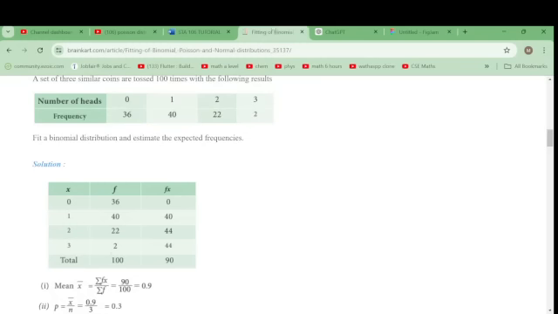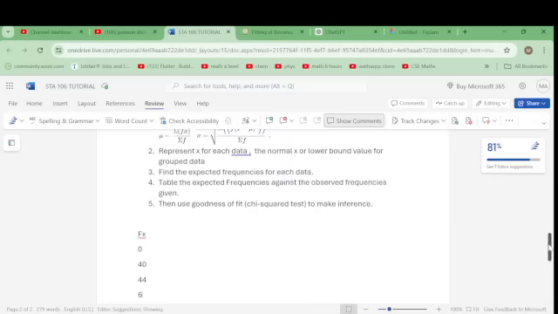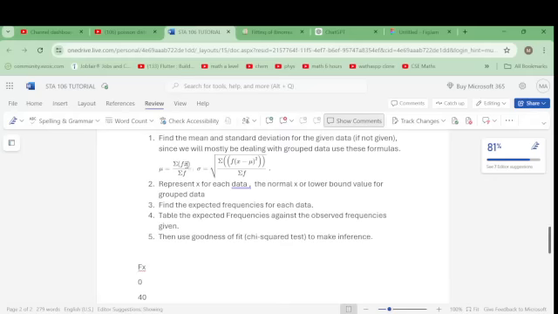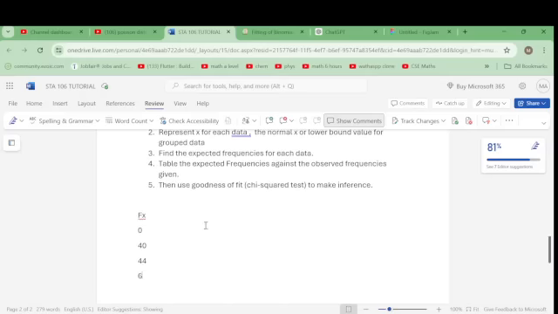Do you get me? This is 6, not 44. So if we add everything together, what's the formula? The formula says sum of all fx. You remember, as a statistics student, this is summation. That's the summation symbol. Then fx is f times x. So sum of all fx.